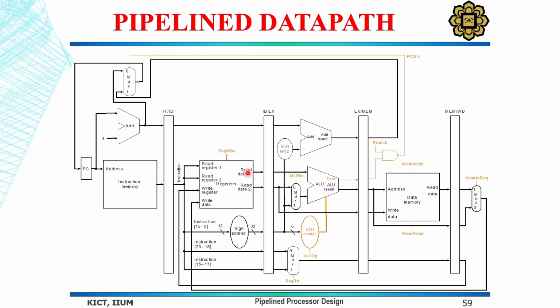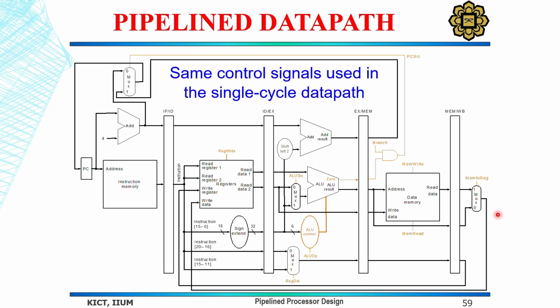Here again, in slide 59, we see the complete pipeline data path along with the control registers as well. This slide shows the pipeline data path and makes some important points.